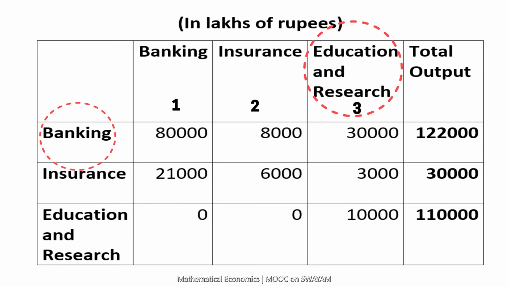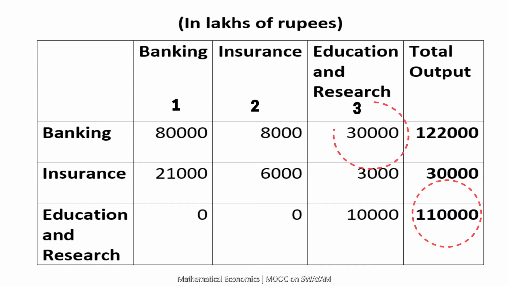The table shows that the economy provides education and research service worth rupees 1,10,000 in a particular year, and this sector requires banking service worth rupees 30,000 in that year.